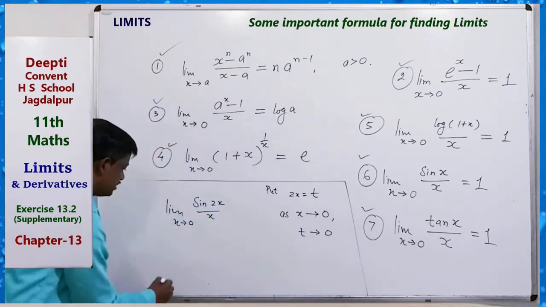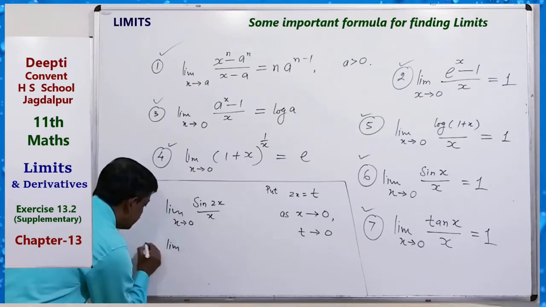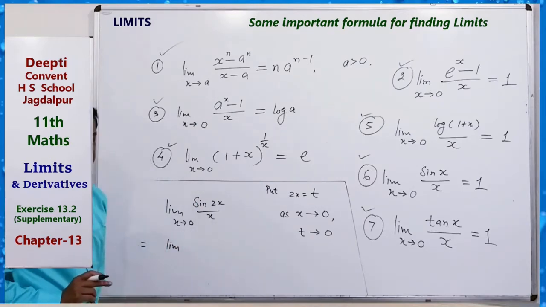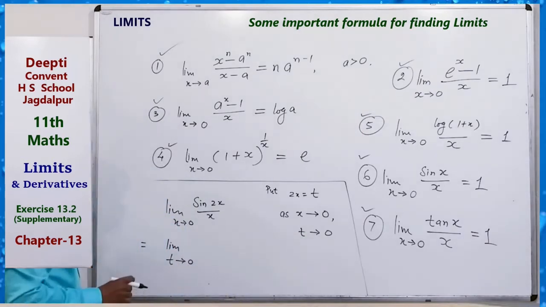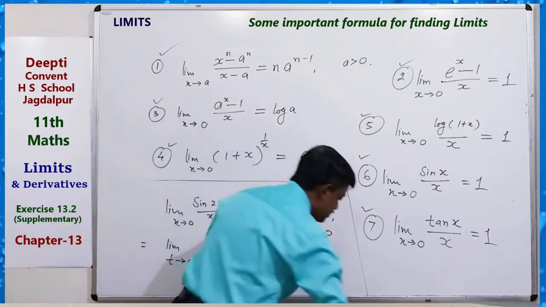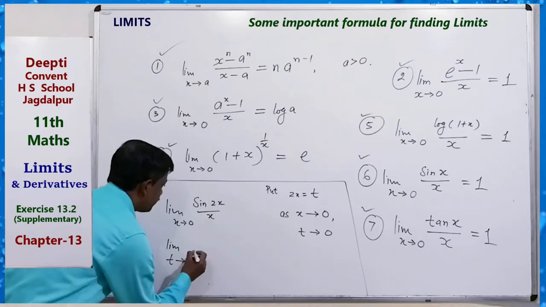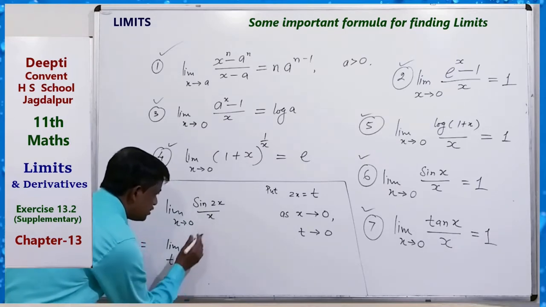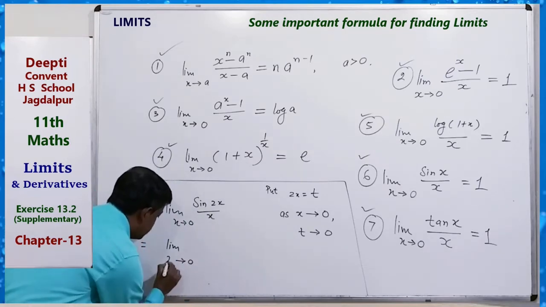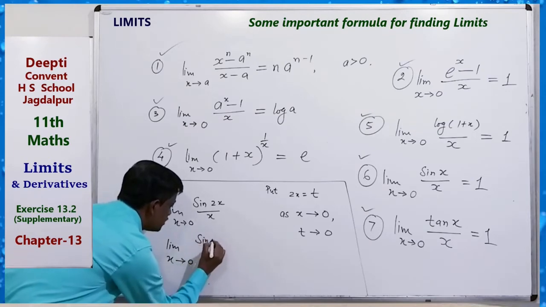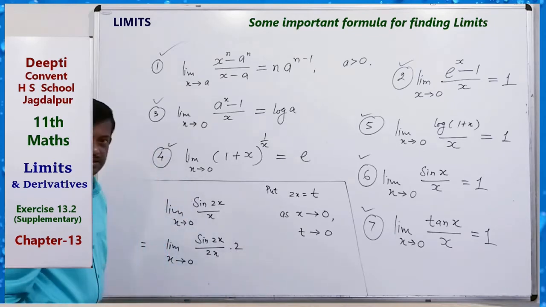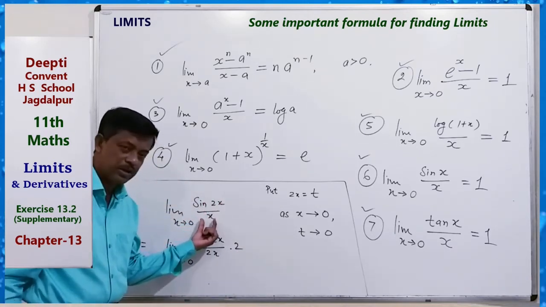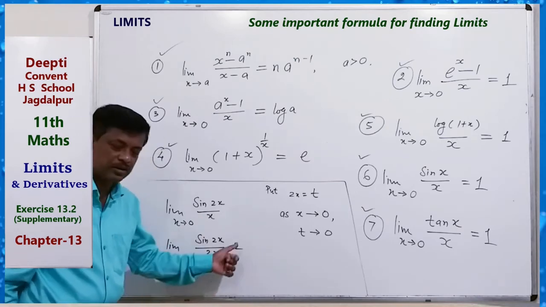So just substitute here: limit t tending to 0. First of all, write sin 2x upon 2x into 2. We multiply and divide by 2 like this.